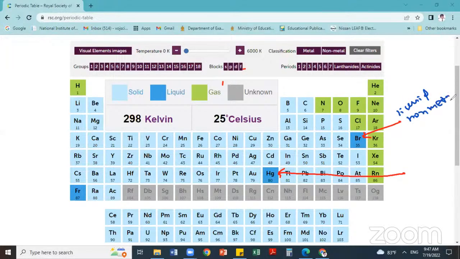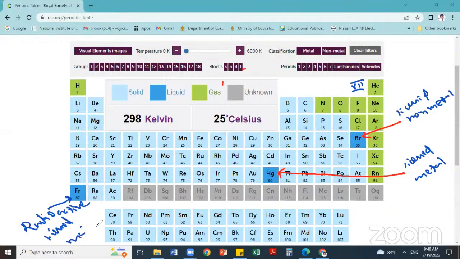Bromine is in the halogen group, group 7: fluorine, chlorine, bromine, iodine, astatine. Mercury is a liquid metal. And francium is a radioactive liquid metal.